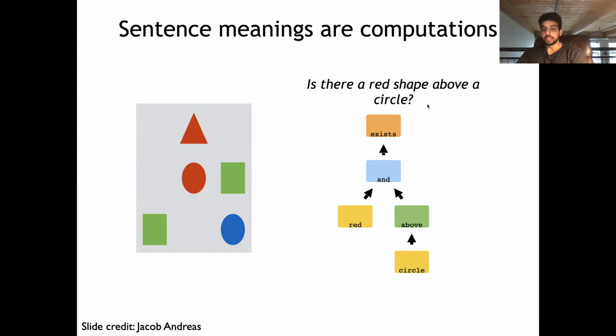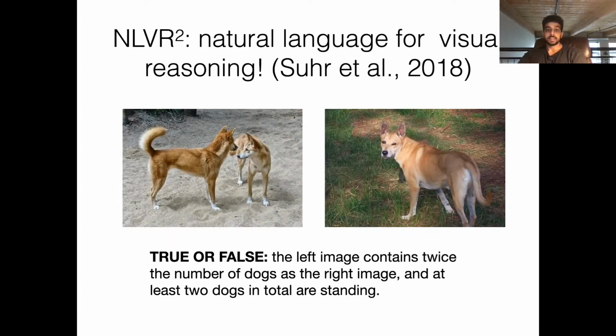So these kinds of networks have been shown to be very useful when solving these synthetic tasks that require reasoning. That said, they so far haven't really cracked the real world analog of these more complicated visual question answering type tasks.